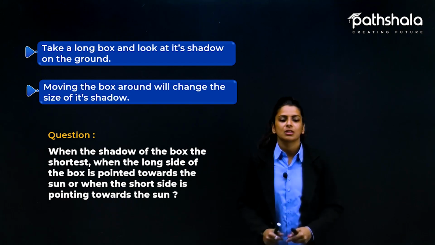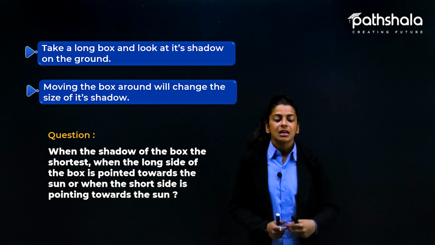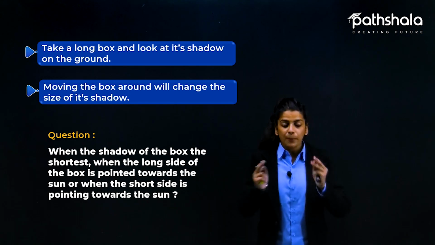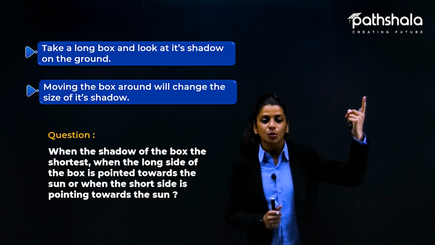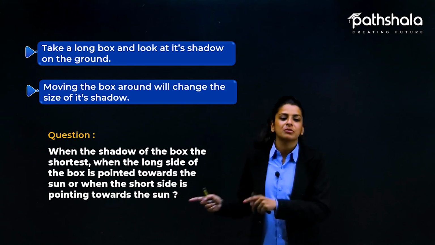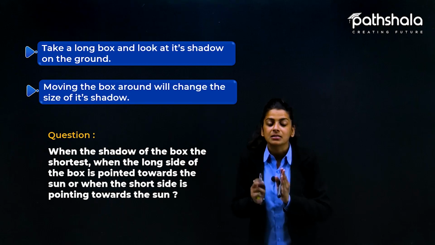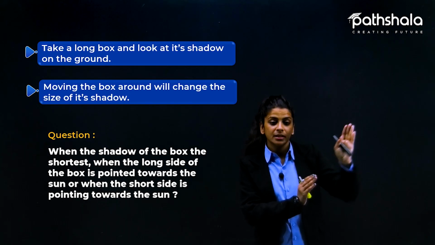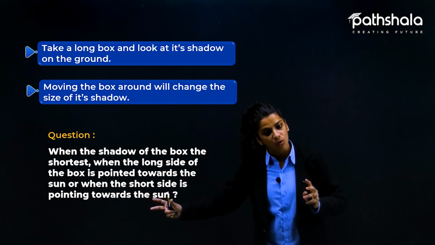सो हियर द आंसर विल बी कि जब भी आप कोई भी ऑब्जेक्ट पॉइंट करते हो टुवर्ड्स द सन, अगर आप उसको लॉन्गर साइड की तरफ से पॉइंट करते हो टुवर्ड्स द सन, सो द शैडो फॉर्म्ड विल बी शॉर्टर. एंड अगर आप उसको शॉर्ट साइड से अगर आप सन की तरफ रखते हो, तो द शैडो फॉर्म्ड विल बी लॉन्गर.